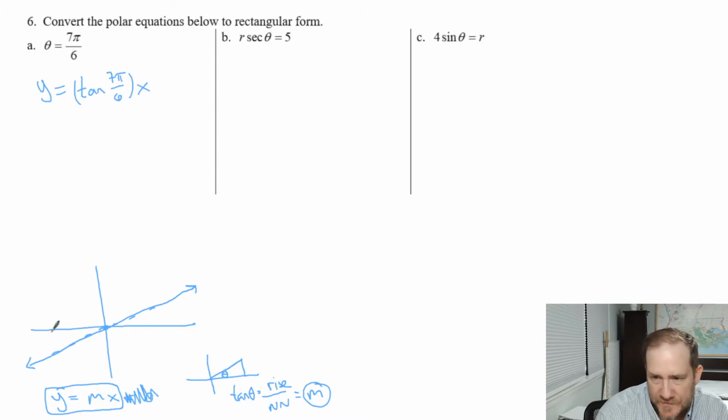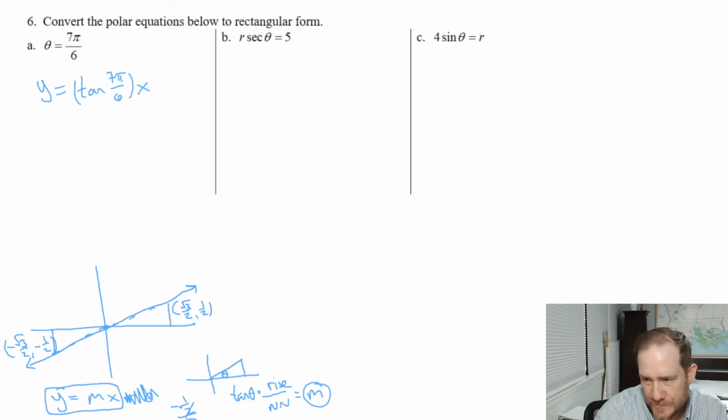So 7 pi over 6 puts us here. 1 pi over 6 had coordinates of root 3 over 2, and then 1/2. So over here in quadrant 3, our coordinates would be negative root 3 over 2, comma, negative 1/2. And tangent is, like we said, the y over the x. So it would be the negative 1/2 over the negative root 3 over 2.